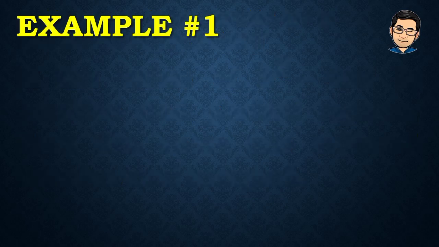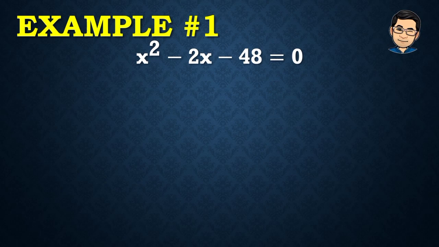So let's have example number 1. X squared minus 2x minus 48 is equal to 0. So the value of a is 1, b is equal to negative 2, and then c is equal to negative 48.